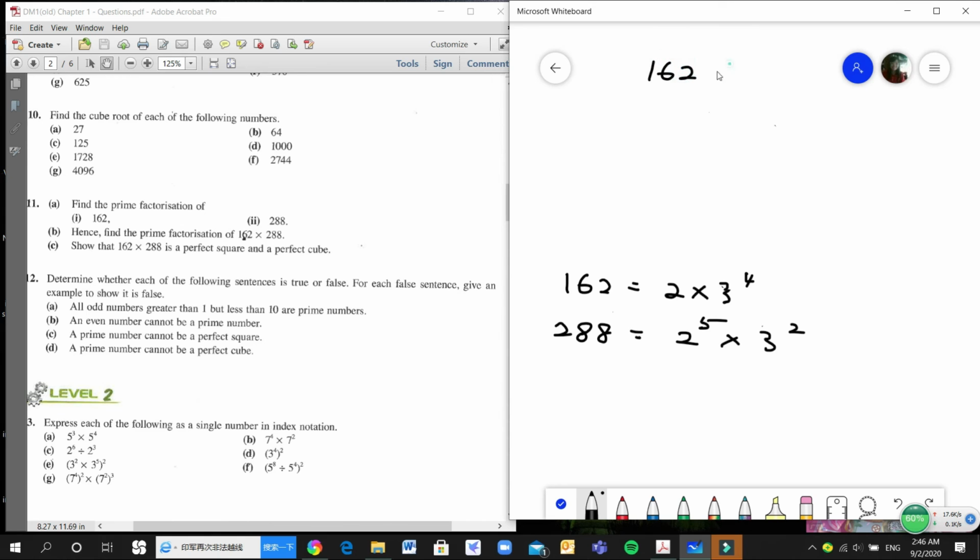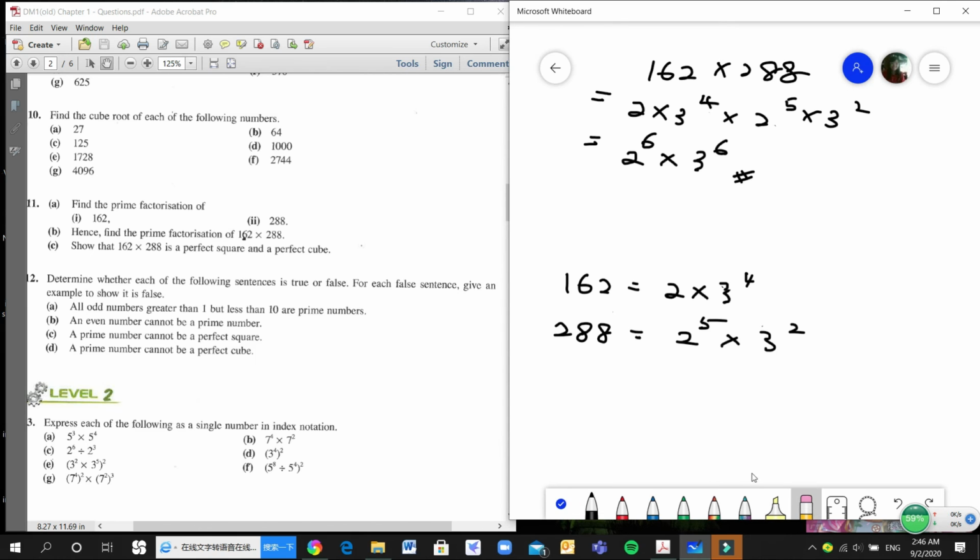And from just now, I know 162 is equivalent to this, and 288 is equivalent to this. Then we can group all of them together, right? I will have 2 to the power of 6, 3 to the power of 6. That's it. So this is the answer for B.